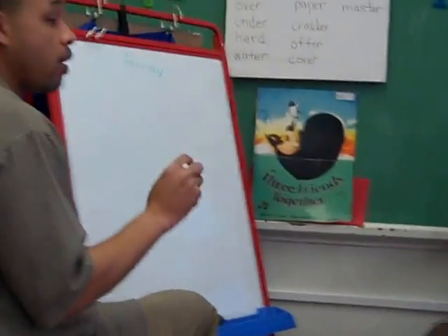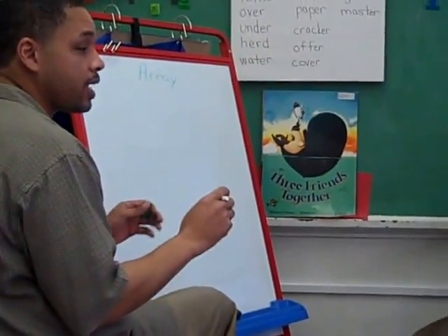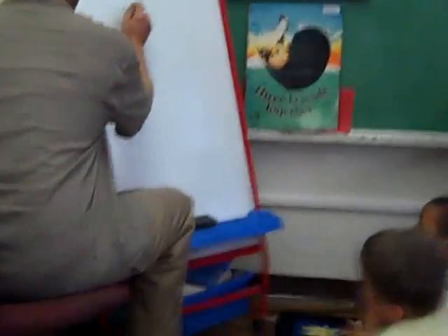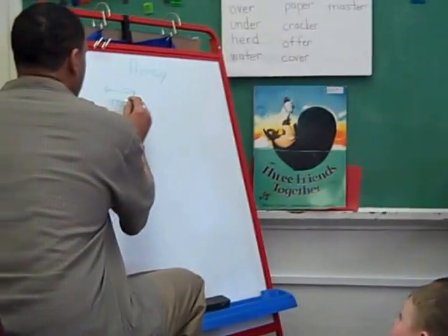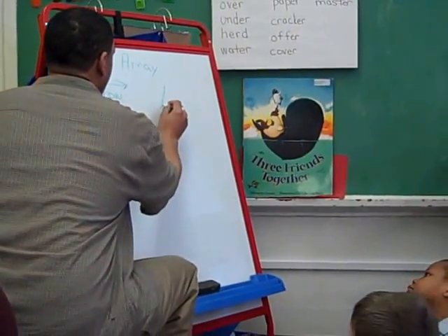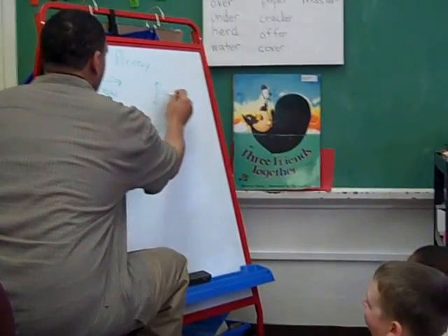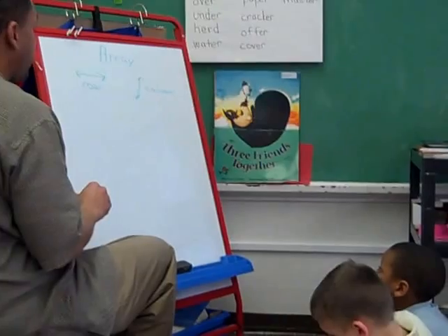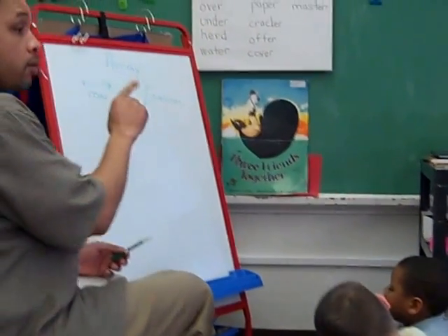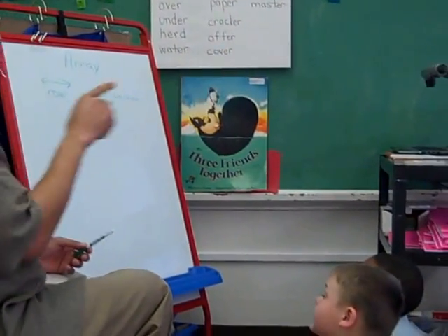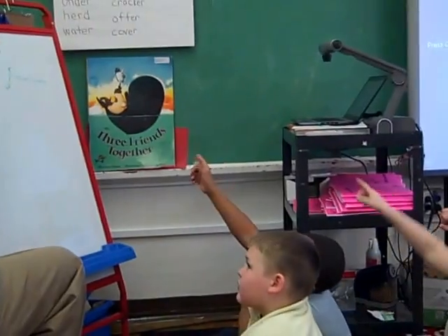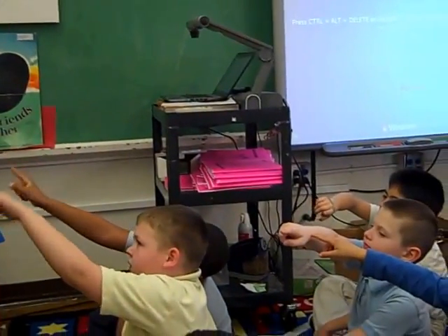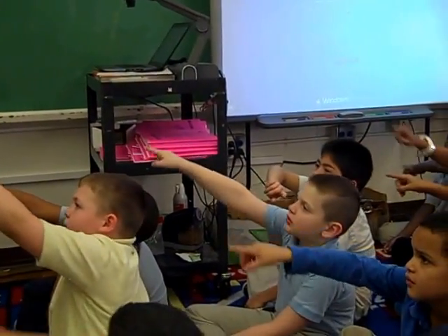Before we draw an array, we have to know what a row is and what a column is. Second graders get this very confused. A row goes straight across. Everybody put your hand in the air and go straight across, and when you do it, say row. 1, 2, 3.